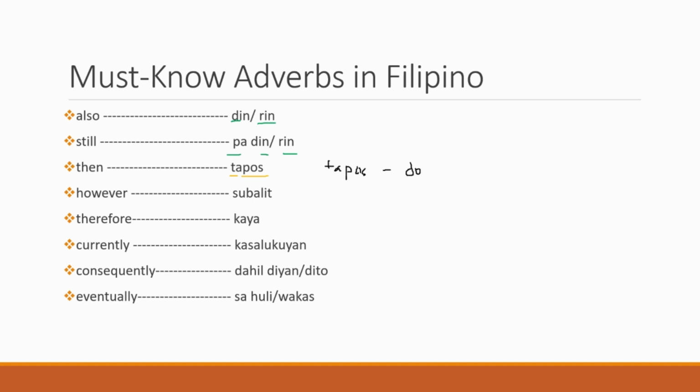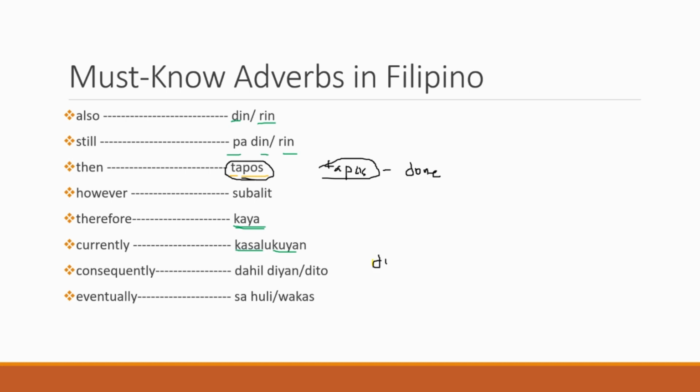So, be careful in pronouncing these two words, okay? Tapos, then. However, subalit. Therefore, kaya. Currently, kasalukuyan. Consequently, dahil dyan, dahil dito.